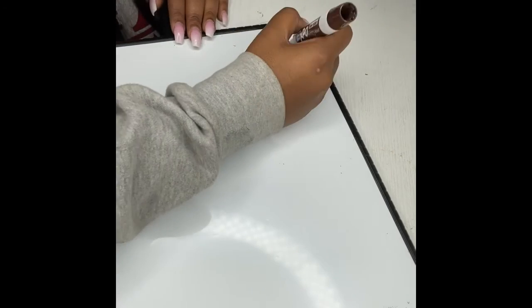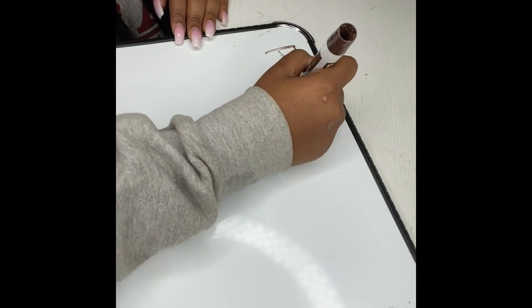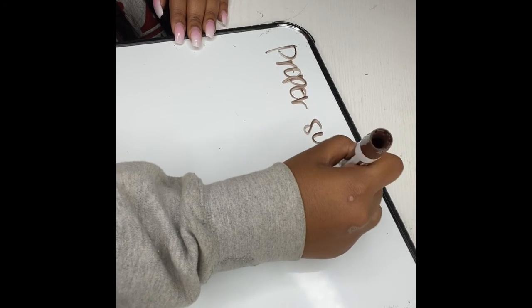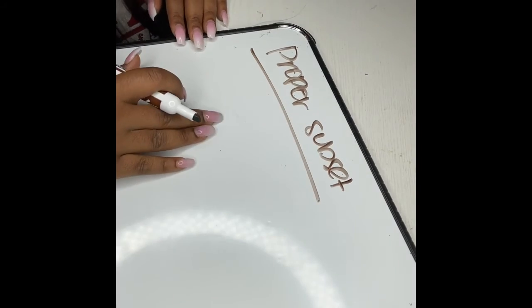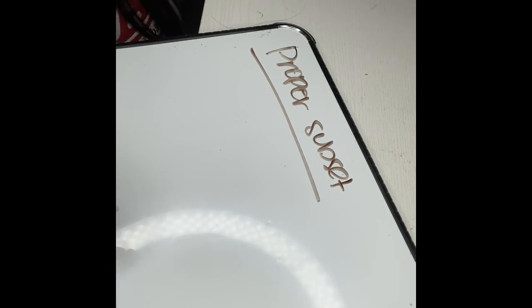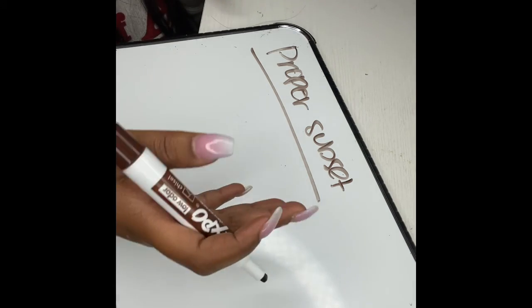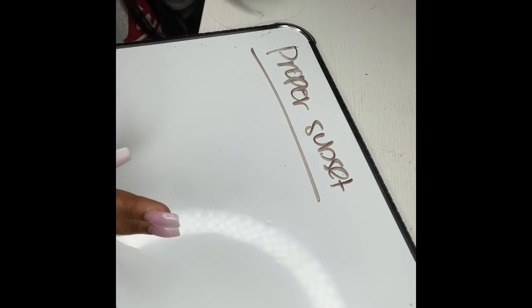So now let's talk about proper subsets. Proper subsets aren't equal to each other. Therefore, if A is 1 and 2 and B is 1 and 2, they're equal.